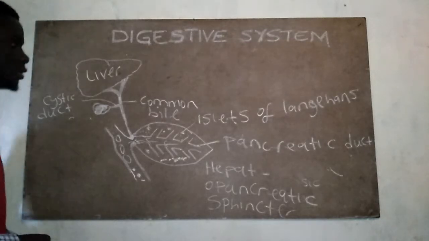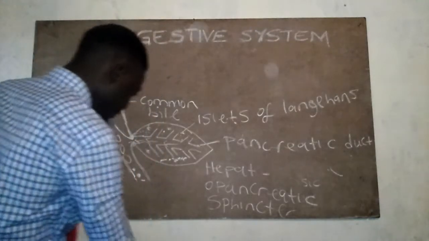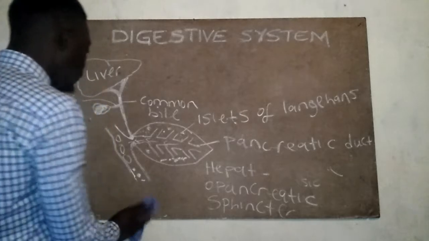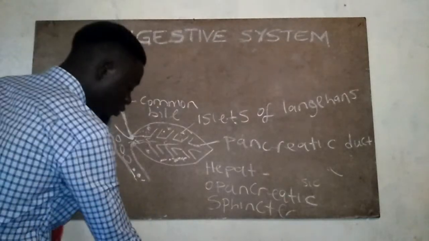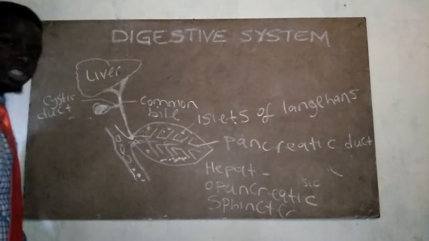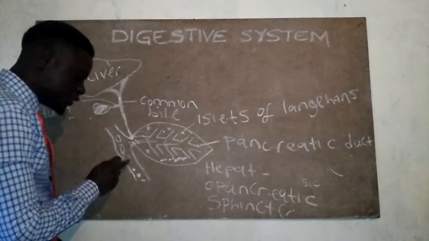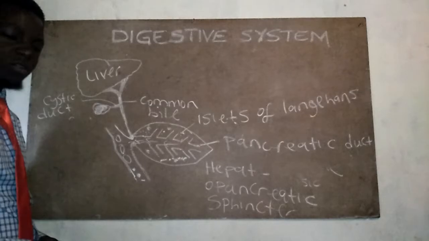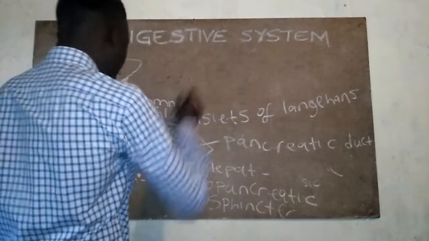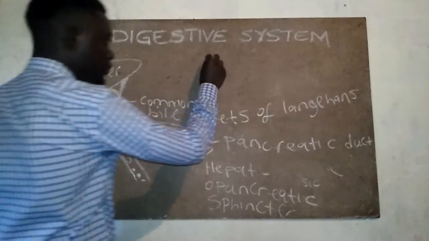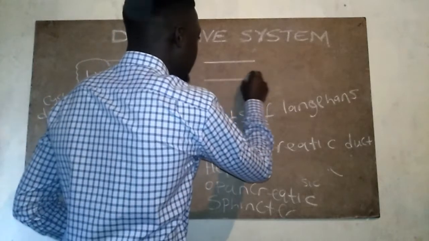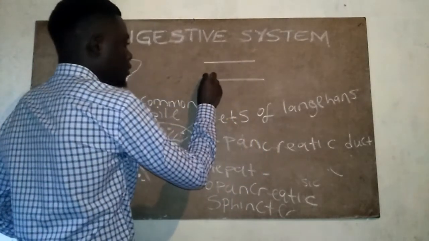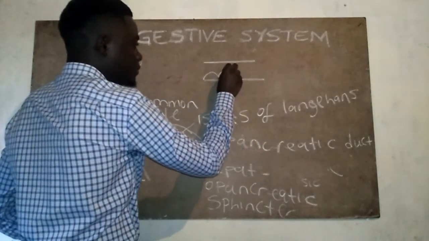Now, as well as that, this is the process of further digestion, and for this food to be absorbed, there is what we call the villi. So this is the structure of this lumen, and it's folded like this.